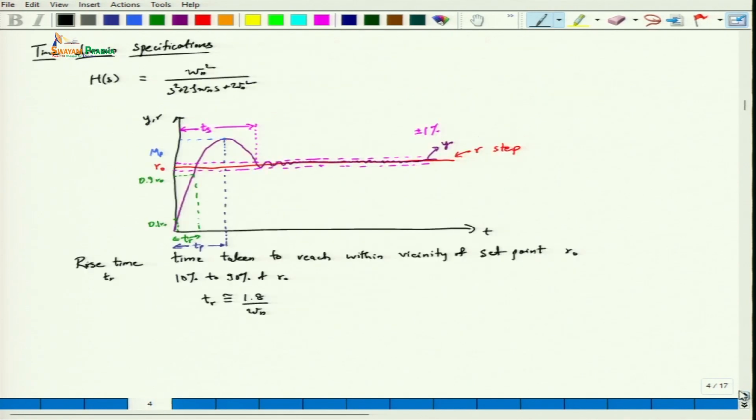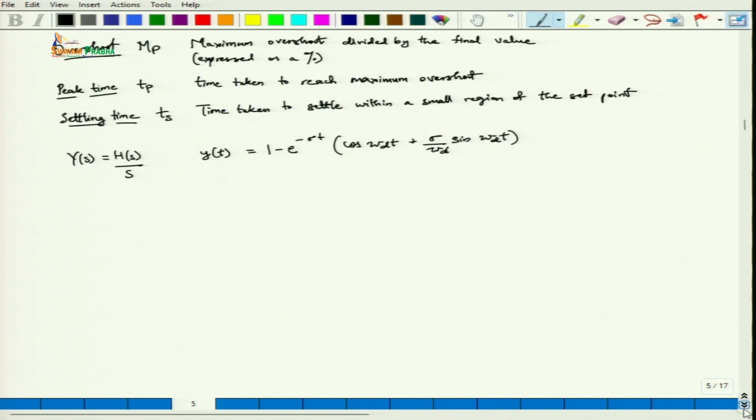Now we want to find the point where this is maximum, right? This particular point. So where Yt is maximum, what we will do, we will set the derivative of Yt to 0.